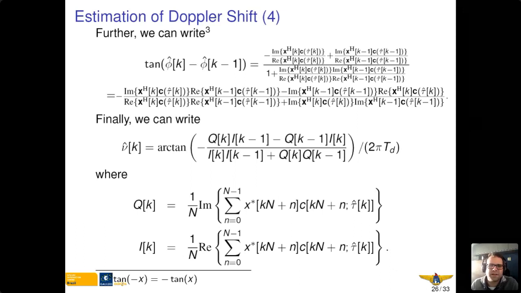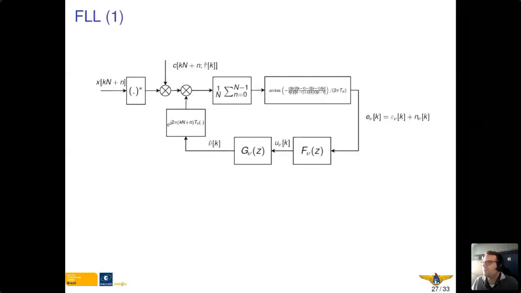The argument of this Arcus tangent function, and the interesting thing is that it is also independent of the bit transitions of the signal. And then we can now build our FLL structure.